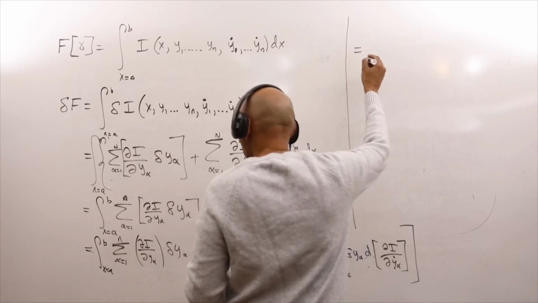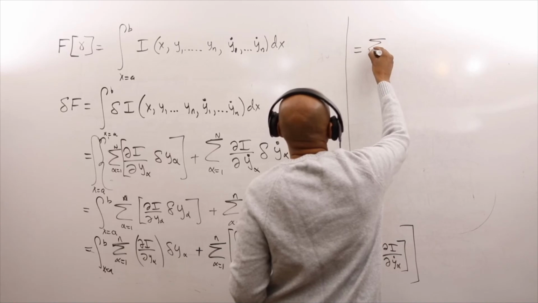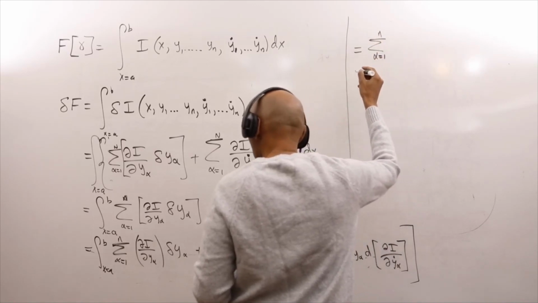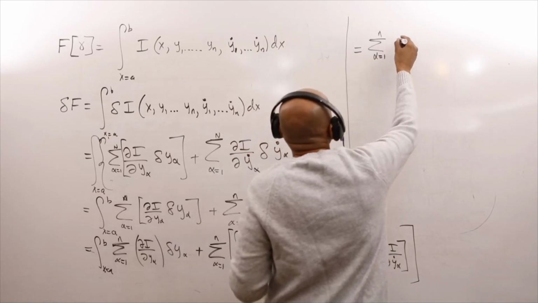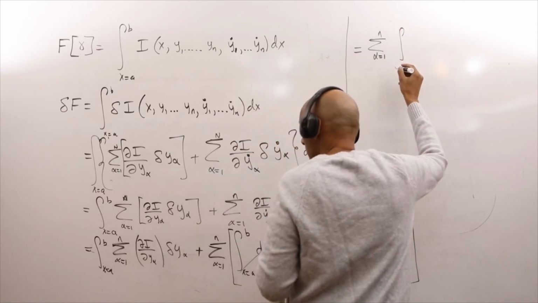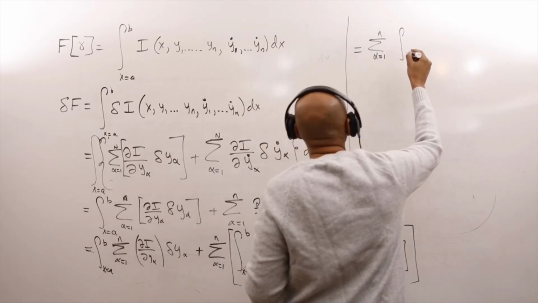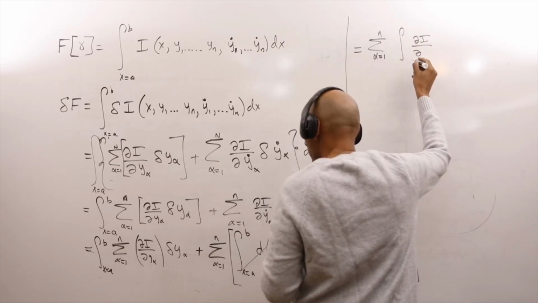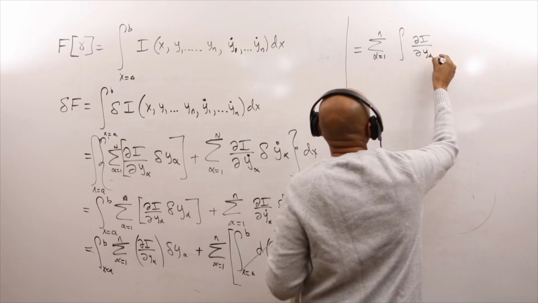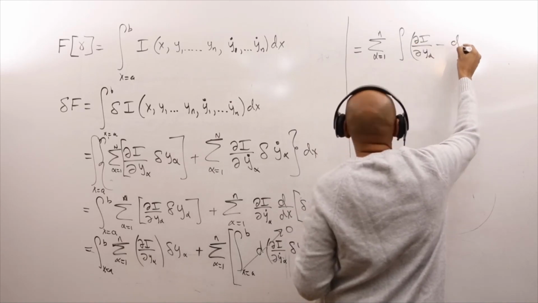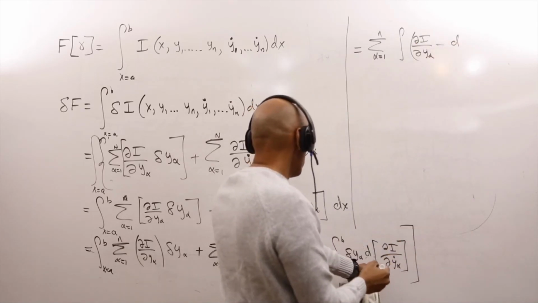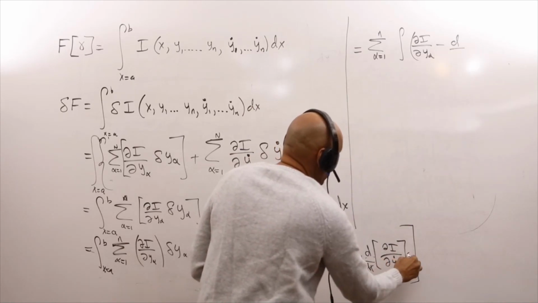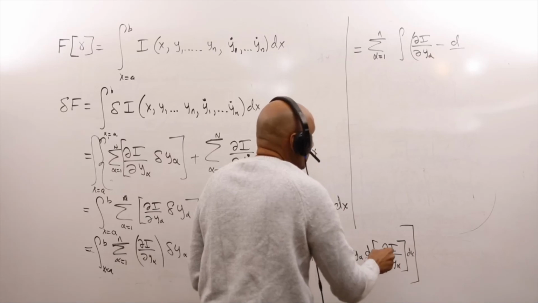So this whole integral now becomes the summation of alpha equal to 1 to n of an integral of partial of I with respect to y alpha minus d. So I'm really multiplying by dx, and we're using the chain rule.